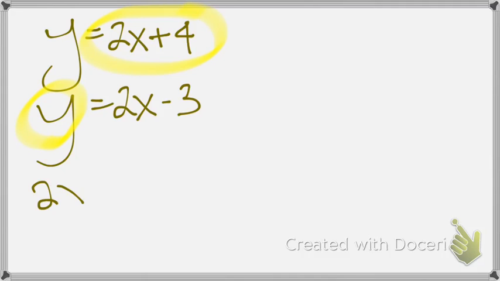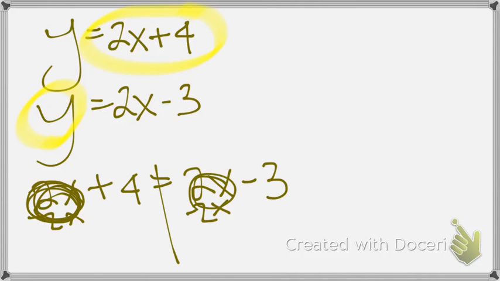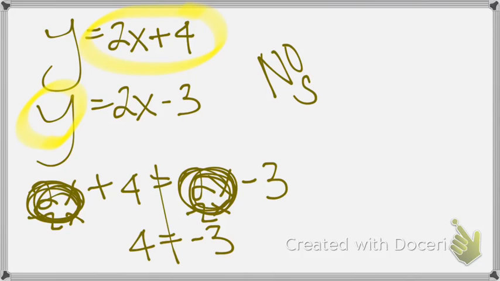So we're putting 2x plus 4 on this side, equaling 2x minus 3. And now we minus 2x, to get our terms on the same side of the street. Here we got 0, here we got 0, and we got 4 equal to negative 3. Well, since 4 does not equal negative 3, this means there's no solution.